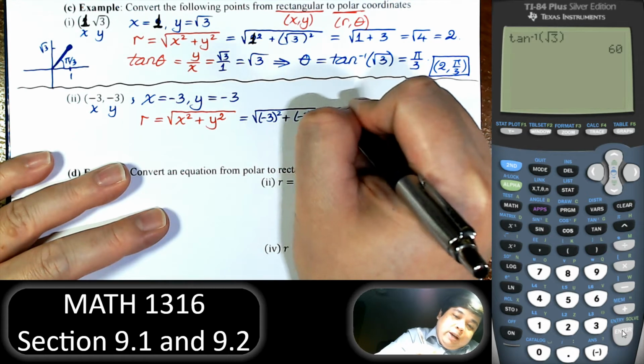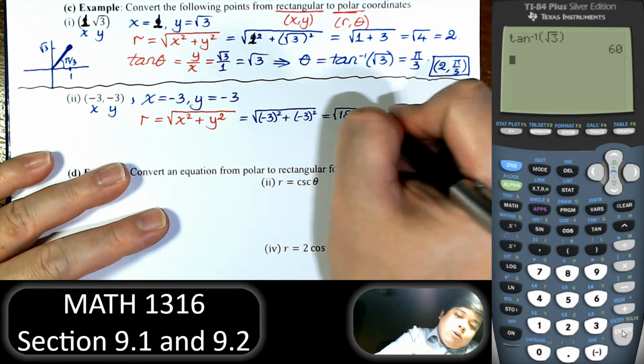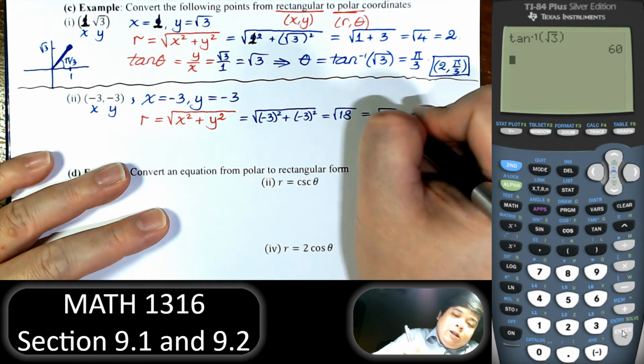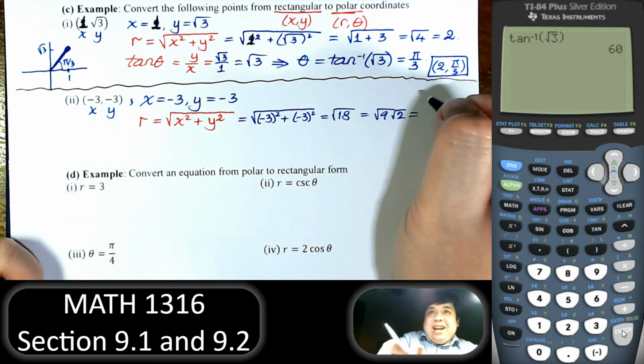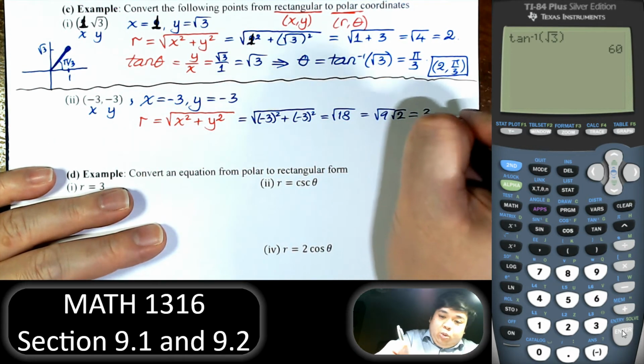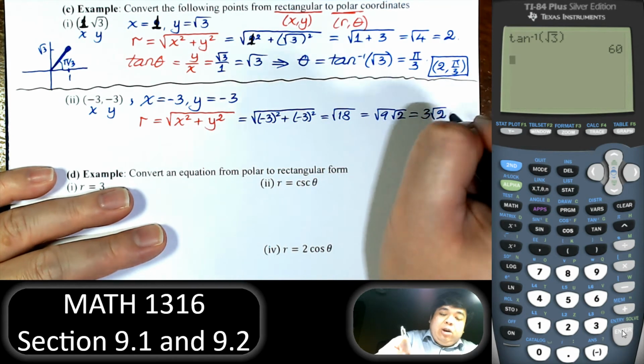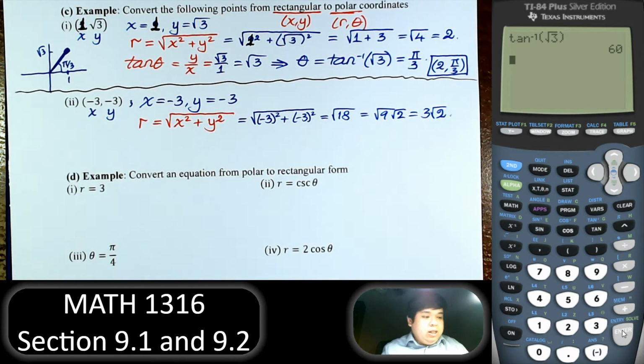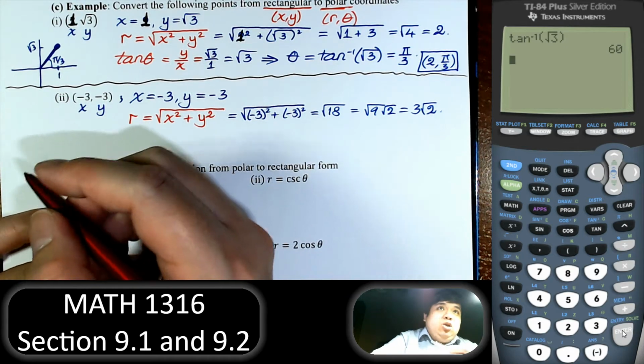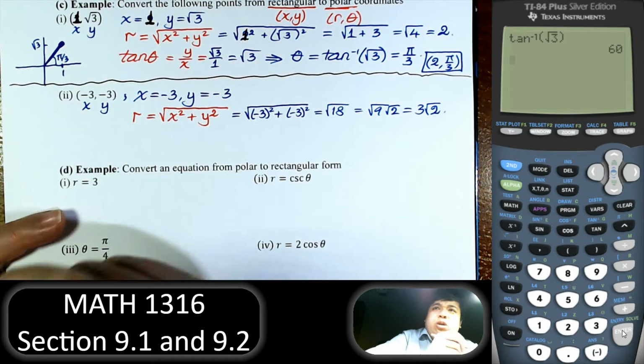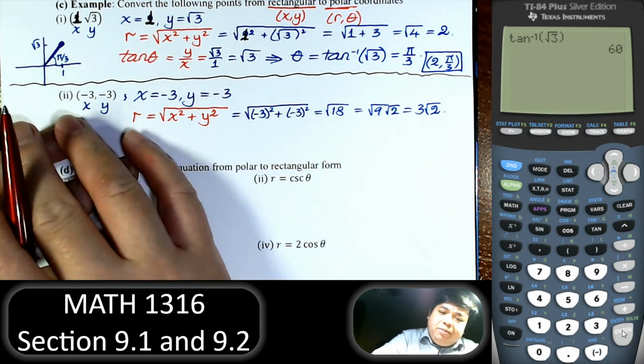That's square root of 18, or square root of 9 times square root of 2, because 18 is 9 times 2, or 3 square root of 2. All right, we have the radius, we have r. Sometimes it's called the modulus, but it's fine.